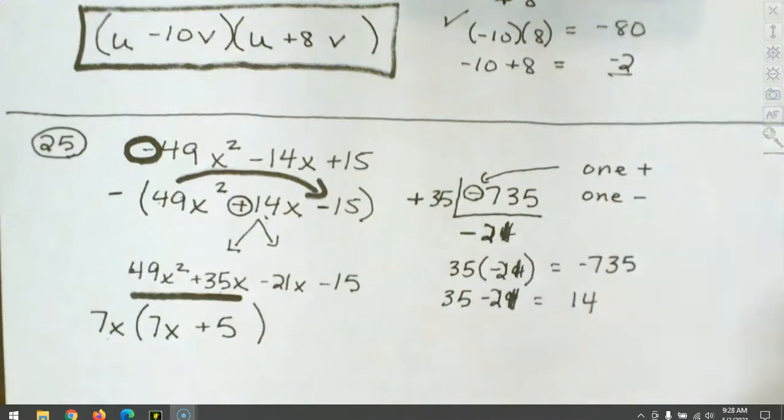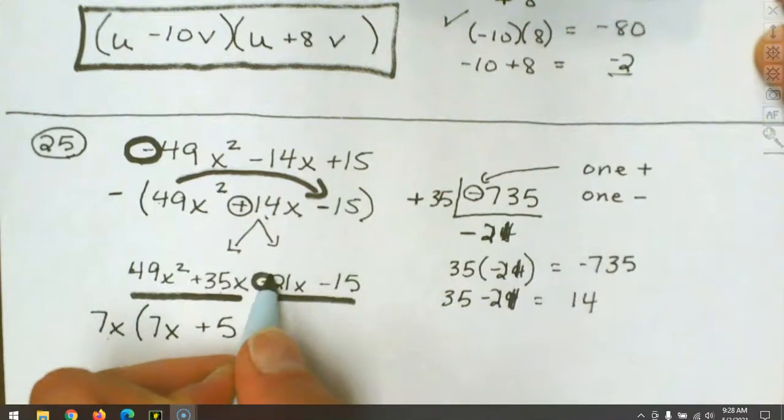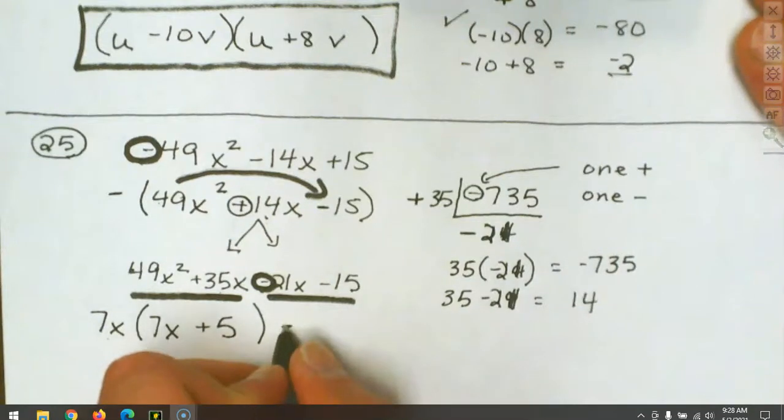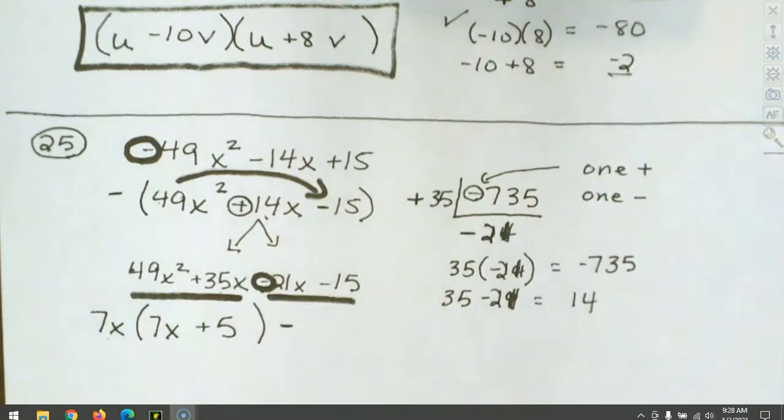Now we repeat the process for the next two. If it begins with a negative, we're going to have to factor out at least a negative. We're going to probably factor out more here, but we're going to factor out a negative to begin with. 21 and 15, what do they have in common? 21 and 15 have a 3 in common, don't they?